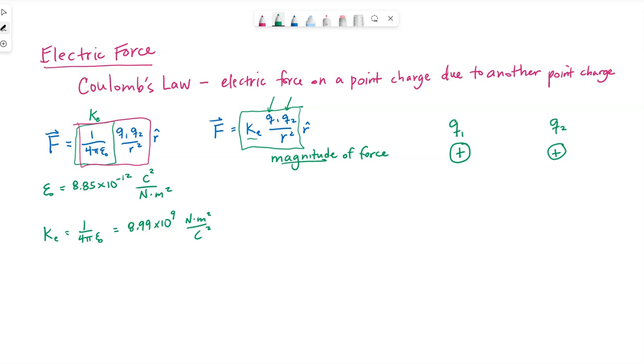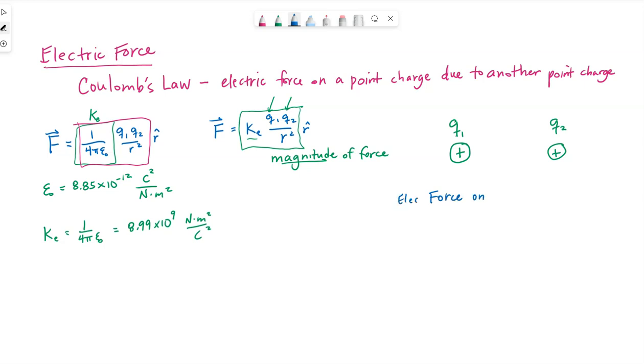A force always involves an object that actually experiences the force or feels the force, and then that force is always caused by an acting agent. Now, whether Q1 is the one experiencing the force or Q2 just depends upon the problem that we're trying to solve.